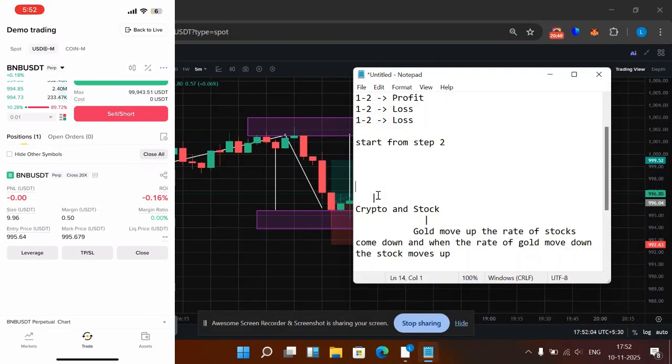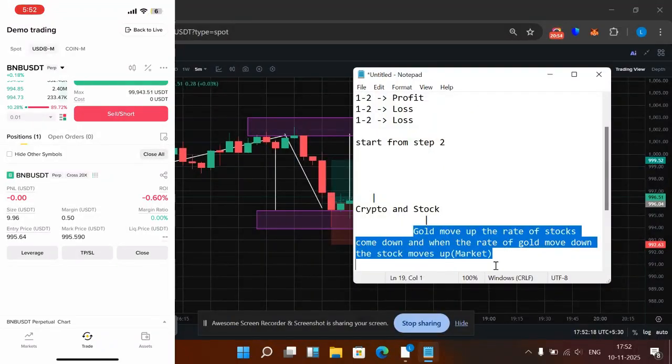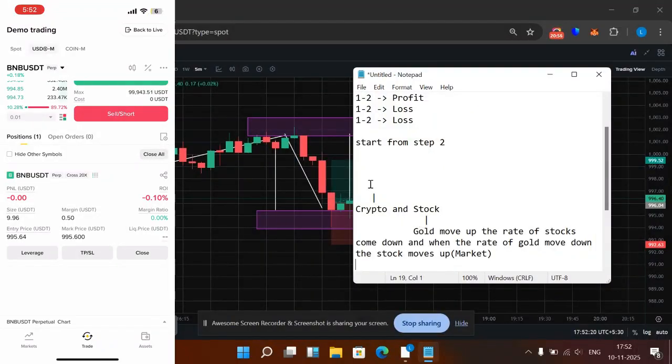The market is here also. Both are markets, and they have the same rules. But only this thing is different. And guys, especially when there is any news. But this is same in both.